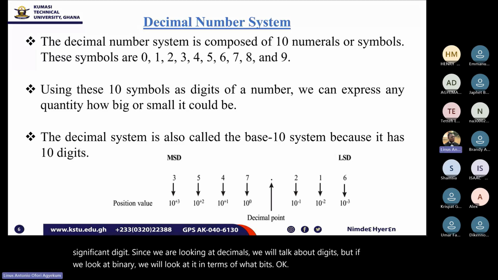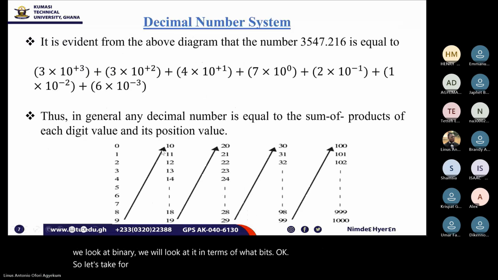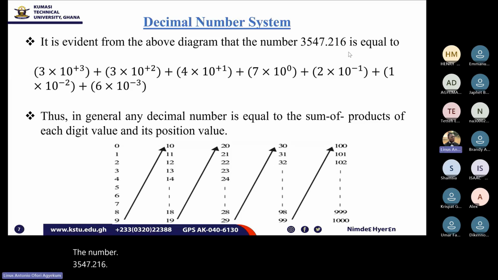So let's take, for instance, the number 3,547.216. This is equal to the representation where you have 3 times 10 raised to the power 3.